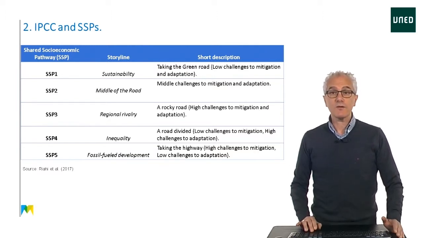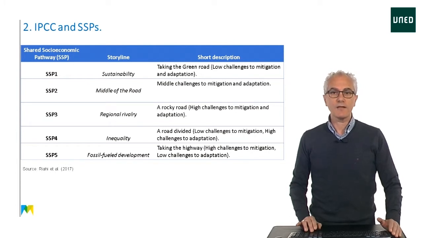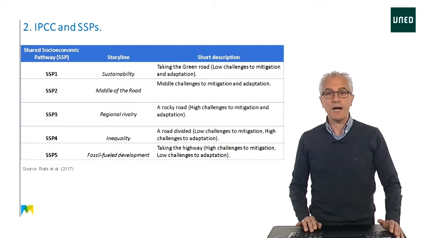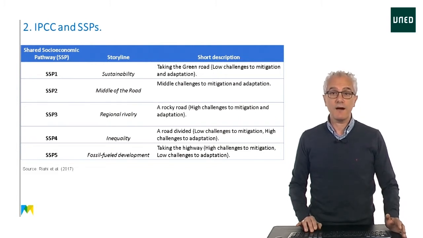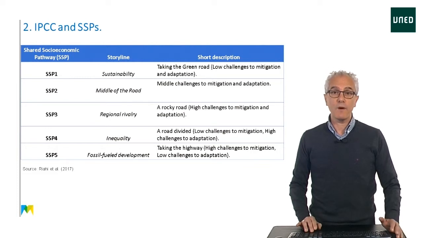SSP4 tells a story of adaptation policies rather than mitigation efforts, growing social conflicts, and high technological development, especially in middle and high-income countries. Finally, SSP5 follows a storyline whereby the economy and the energy transitions rely increasingly on global markets, they believe in growing fossil fuel reserves and high economic growth.